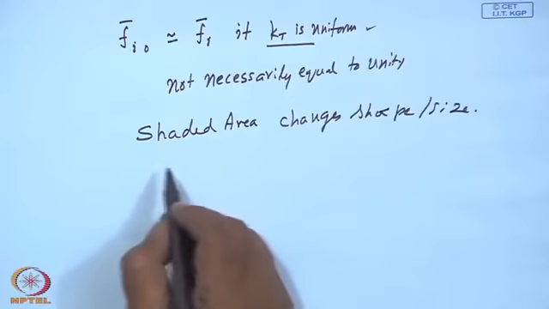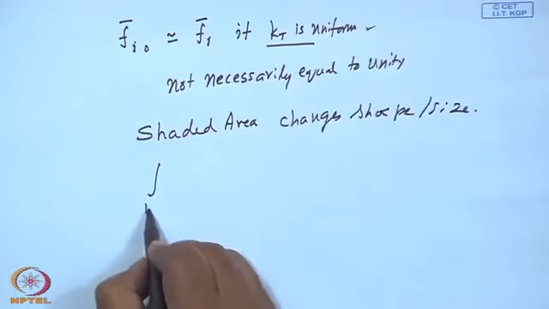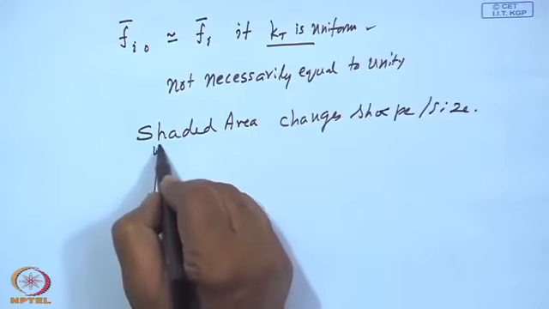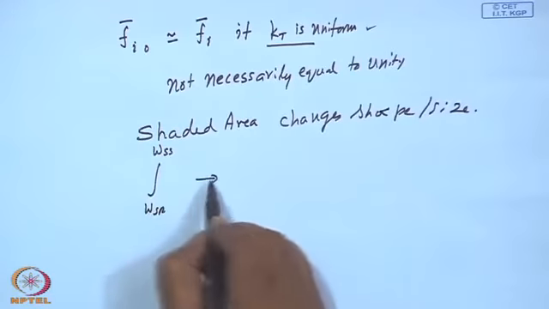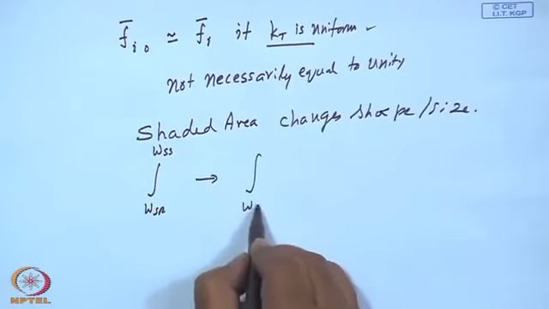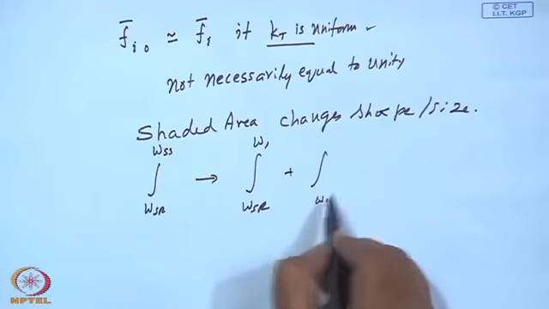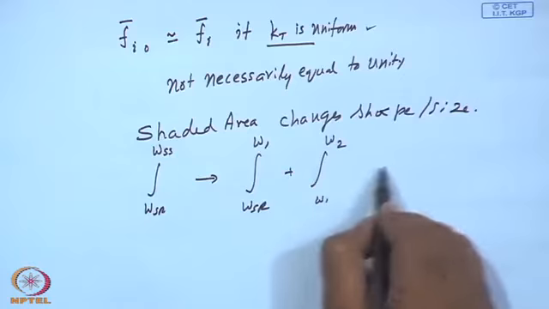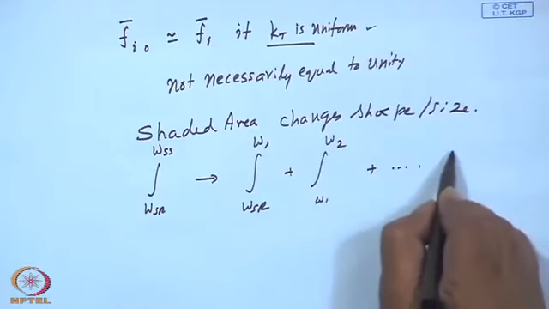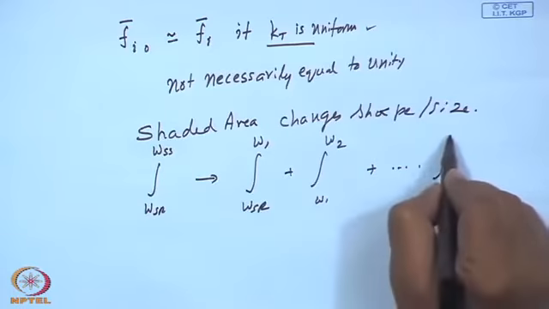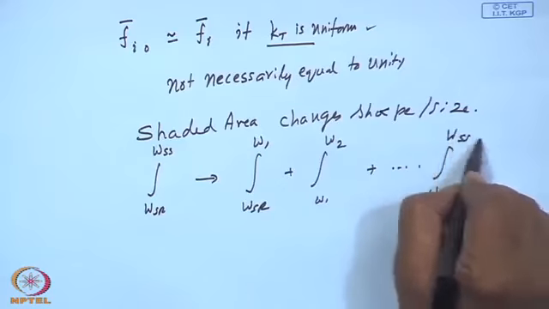So, in other words, this so called omega S r to omega S s may have to be split up into omega S r to omega 1, plus omega 1 to omega 2, plus omega n to omega S s.